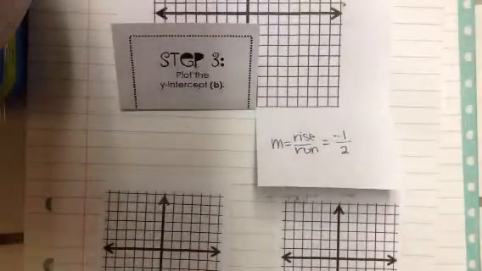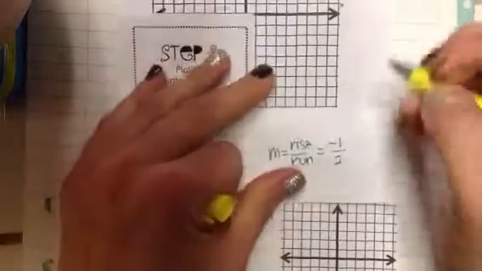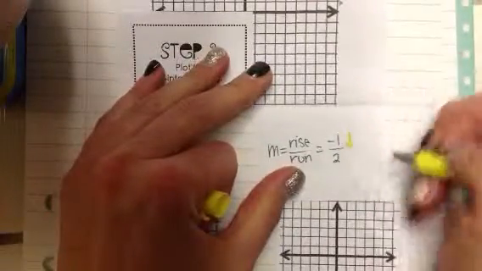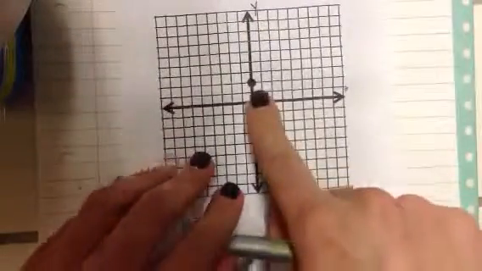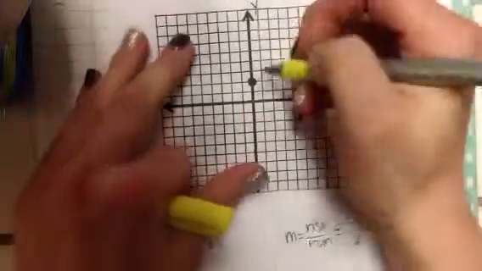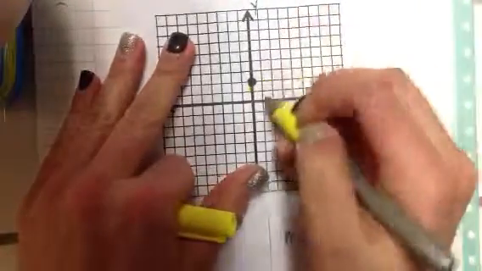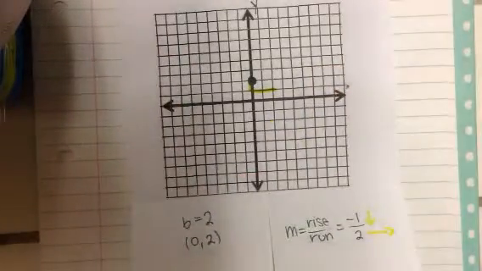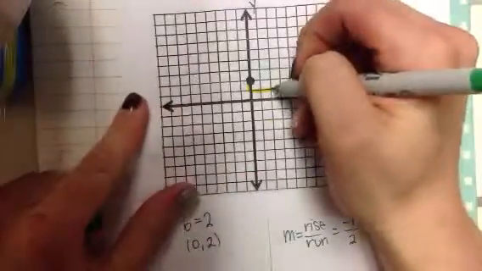Well, that negative 1/2 means that we are going to go down 1 and over 2 in order to get to our next point. So if we start where our y-intercept is, and we go down 1 over 2, we find that our next point is right here.